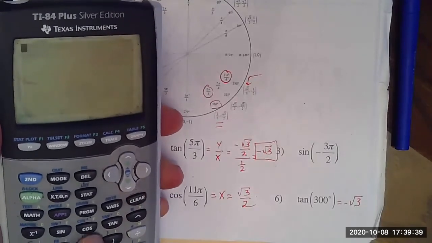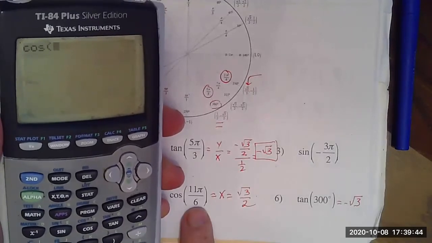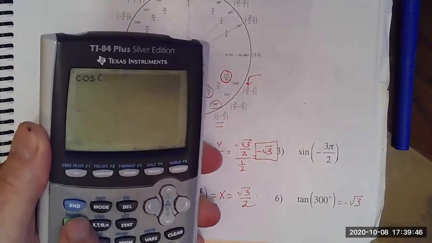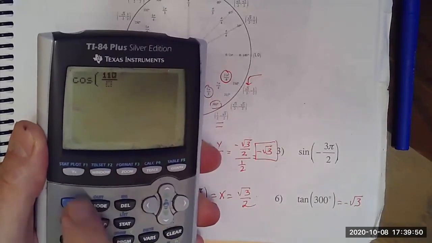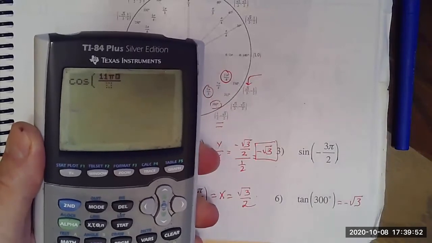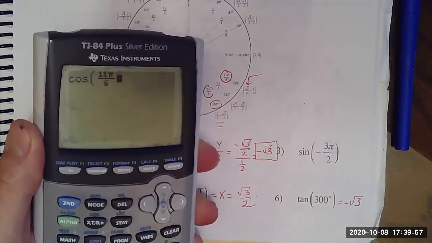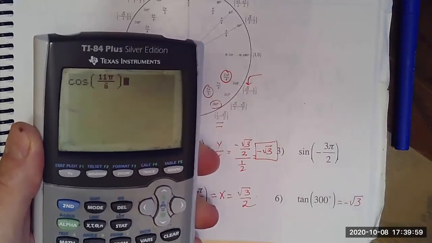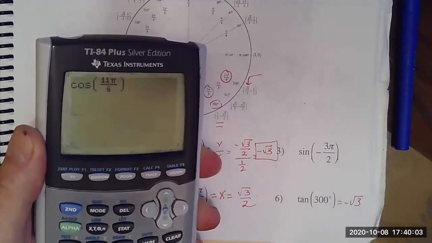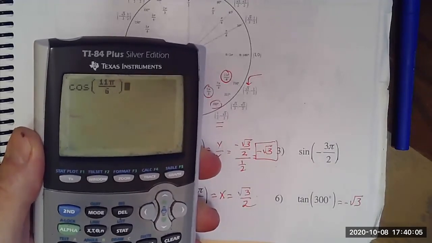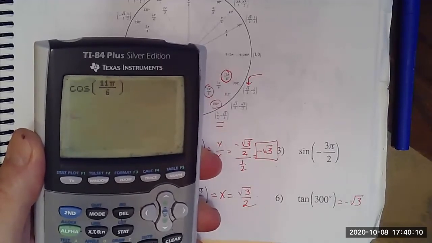Clear that out. I want the cosine of 11 pi divided by 6. By the way, if you want to know where I got that little fraction, TI-83 users, you don't have access to that feature. 84s will if you have an upgraded operating system.